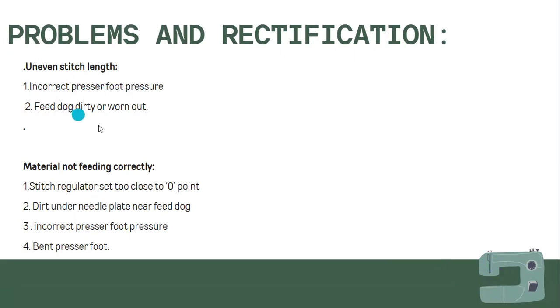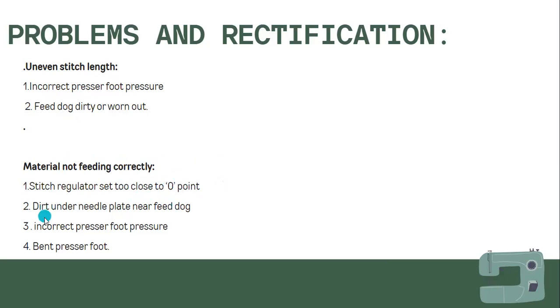And the feed dog is dirty. The feed dog is where you place the fabric, right? If that is very dirty, then also uneven stitch length can be a problem. Then the next one is material is not feeding correctly. Here the stitch regulator is close to zero, that is, the stitch regulator is very small. Then the stitches won't come correctly.